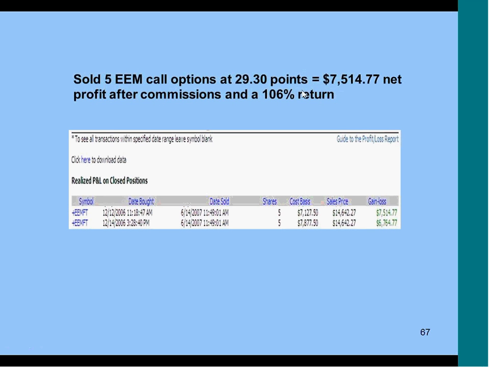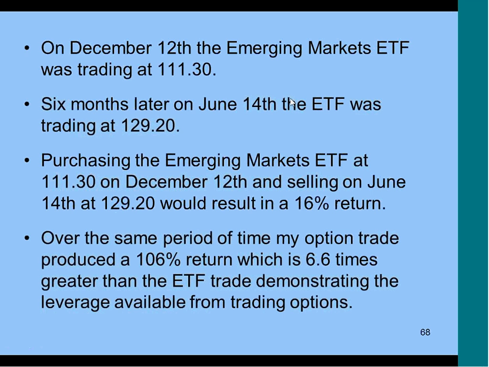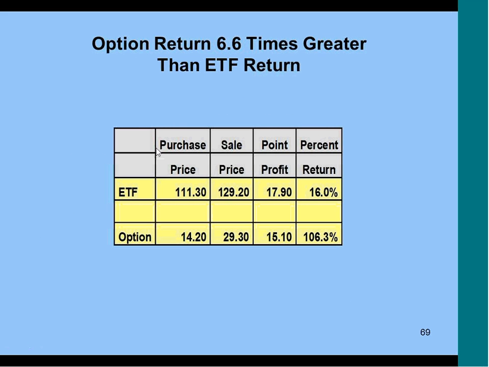Then I later sold these 5 options at 29.30, and I had a $7,500 net profit after commissions, and a 106% return. Over the same period of time, the emerging market ETF was up 16%, and the option was up 106%.